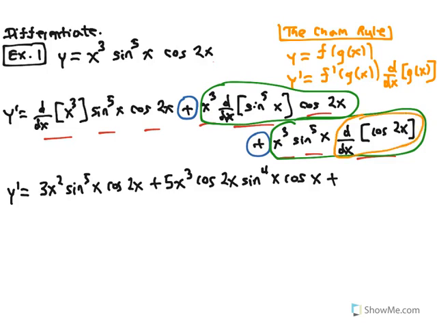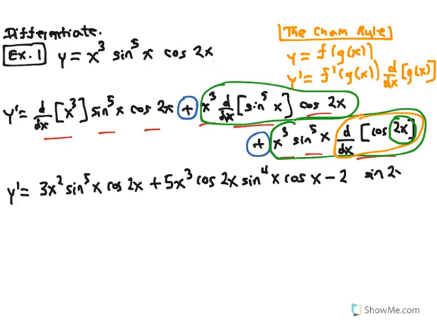The derivative of cosine is negative sine, and the derivative of the inside function, you have to use the chain rule. The derivative of 2x with respect to x is 2. So what do I get? I get negative sine of 2x times 2, which is, of course, negative 2 times sine of 2x.